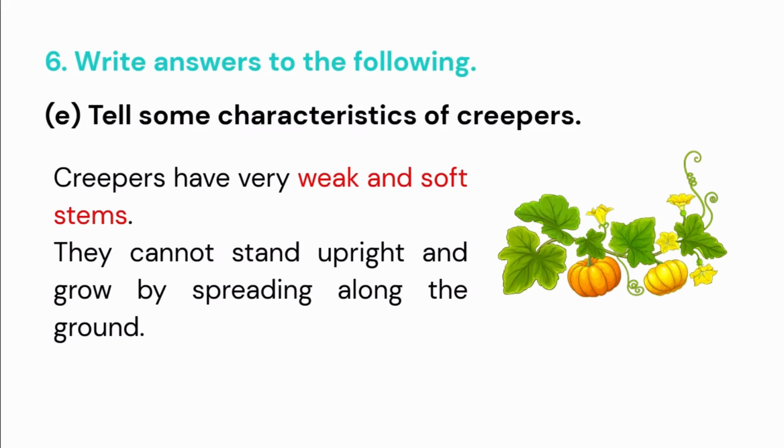They don't have a strong stem to keep erect. That's why they grow along the ground. For example, the pumpkin plant or cucumber plant, we call them creepers.